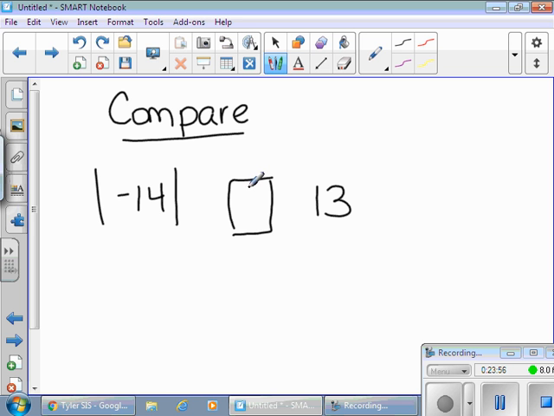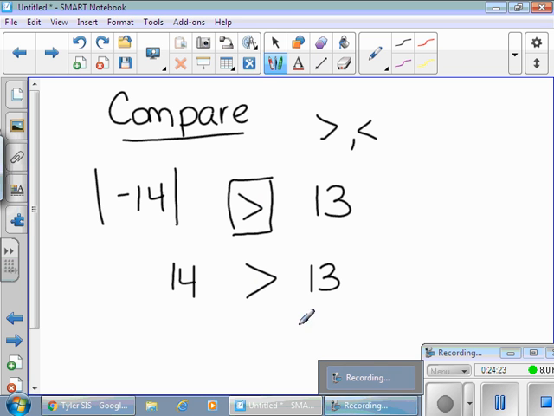Greater than or less than. That's my little open block for me to put my answer. Now, for me to do it, I have to pull this out of absolute value. So what is the absolute value of -14? 14. So 14 is what to 13? Greater than. So my answer is greater.